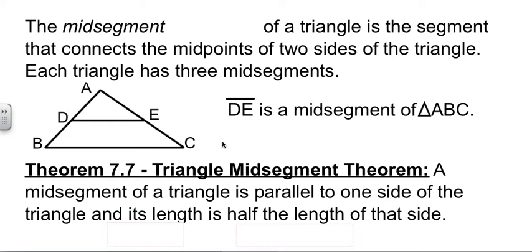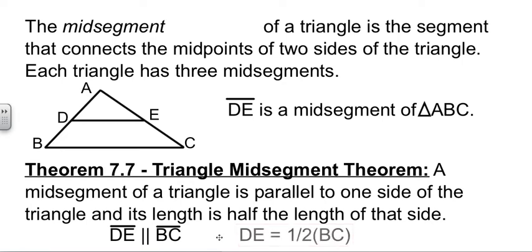The triangle mid-segment theorem, 7-7, tells us that the mid-segment, remember connecting the midpoints, is parallel to one side and is also half the length of it. So what we're saying is DE is parallel to BC, and also DE is equal to half of BC.